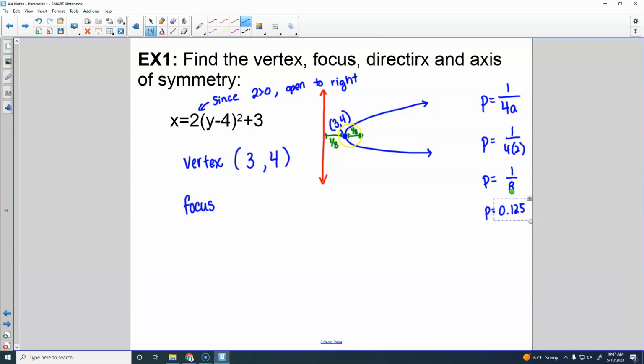If I'm at 3, 4 and I move to the right 0.125 or 1/8, which coordinate's going to change? It's going to be the 3. The x coordinate changes because you're moving to the right or the left, and the x coordinate determines how far right or left you go. So you're going to the right, which is positive, so you're going to get 3.125 for there.